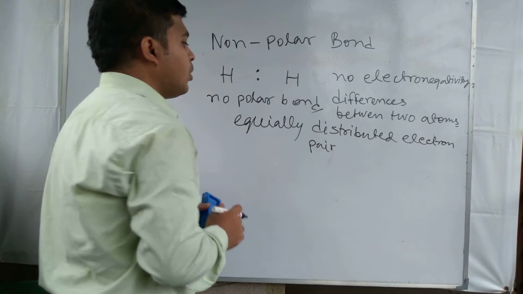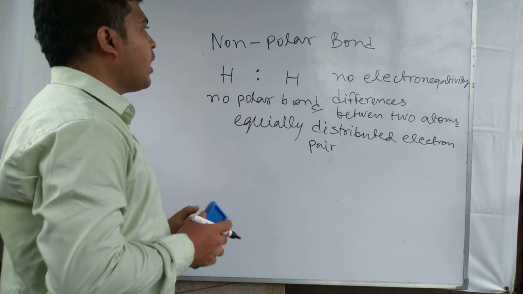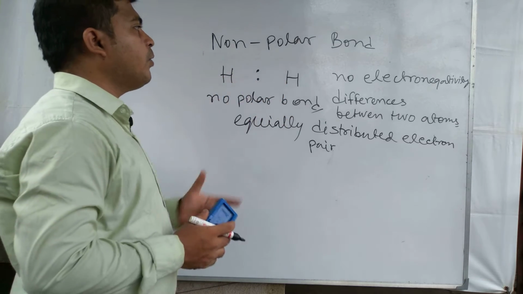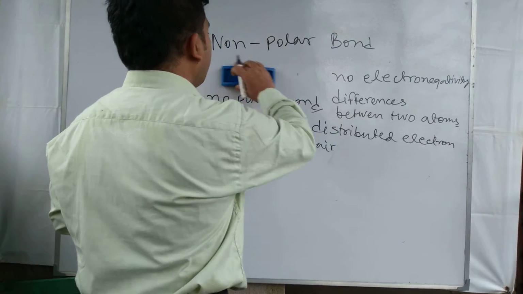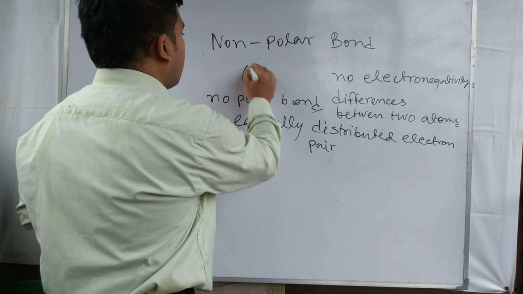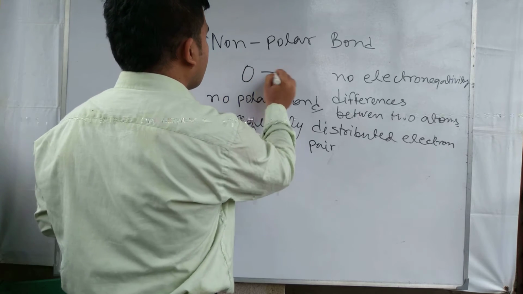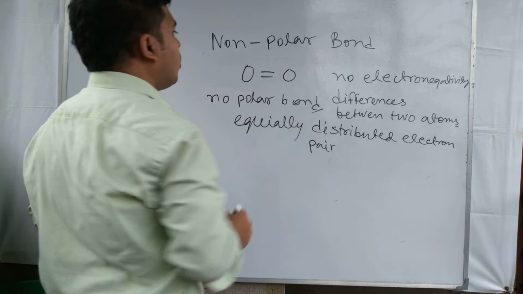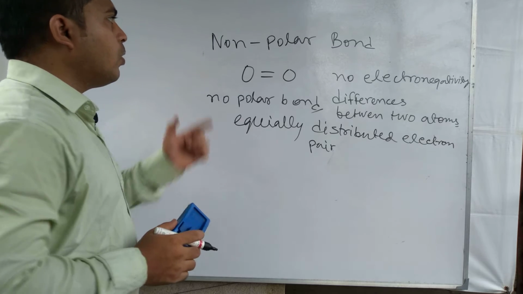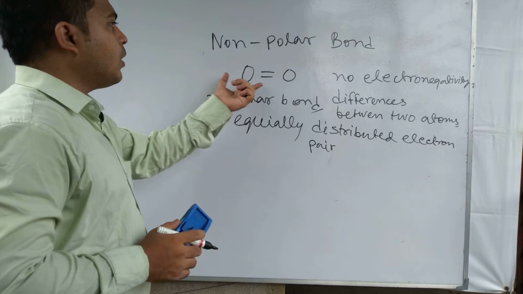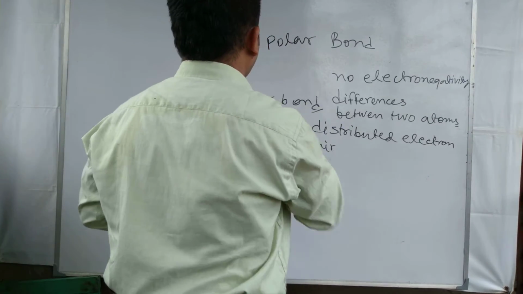So the bonded electron pair is equally distributed in the case of the hydrogen molecule, and for this reason the bond between two hydrogen atoms is a non-polar bond. Similarly, we can show the oxygen molecule. For the oxygen molecule, the bond is also non-polar, and the molecule is non-polar. You can take another example, chlorine.